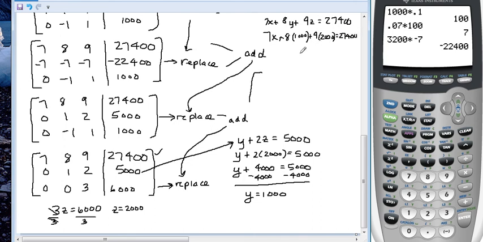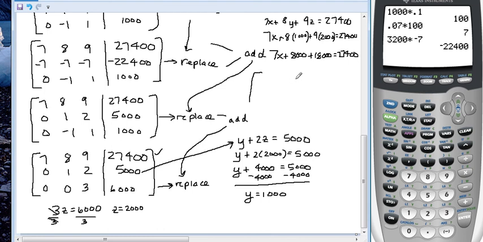Getting really tight here. So let's multiply. We've got 7x plus 8 times 1,000 is 8,000, 9 times 2,000 is 18,000. That has to equal 27,400.